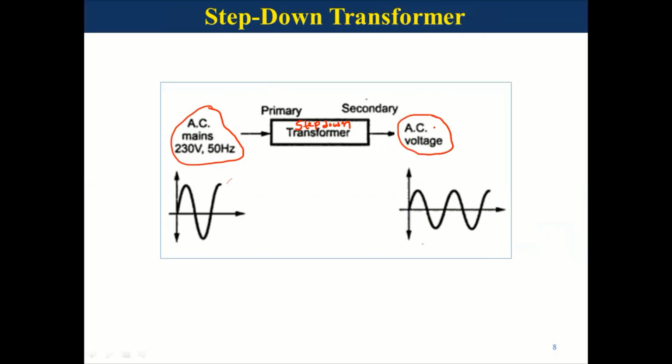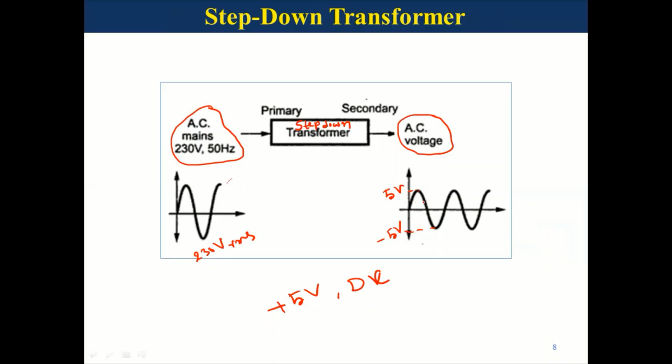Suppose I want plus 5 volts DC, then this is reduced to 5 volts. This is 5 volts and this is minus 5 volts likewise. So it is 230 volts AC RMS value that is reduced to 5 volts AC because of the step down transformer. The input of the step down transformer is bidirectional and the output is also bidirectional.